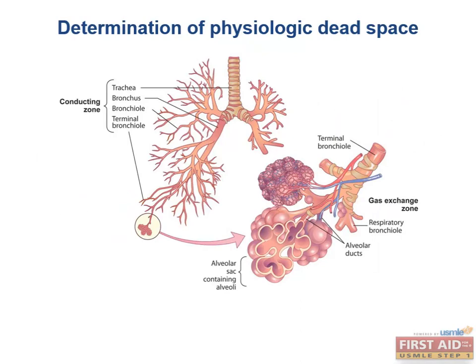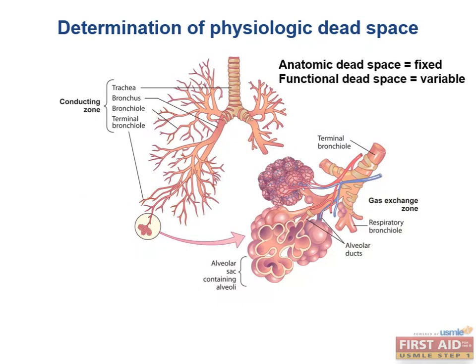Recall from our respiratory anatomy talk that dead space does not participate in gas exchange. So, what's physiologic dead space? Well, it's anatomical dead space from the conducting airways that we talked about in the respiratory anatomy section plus functional dead space. So what is functional dead space?